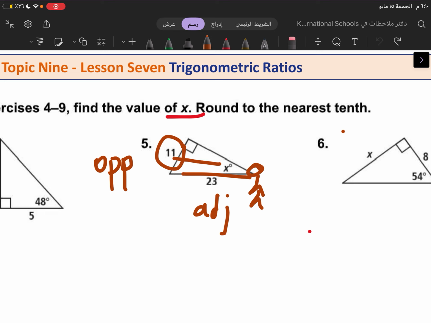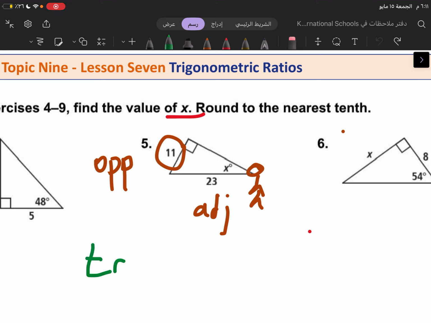Which function includes the opposite and the adjacent? The tan. And because he asked me about the angle, all of you, angle, he asked me to find the angle directly.